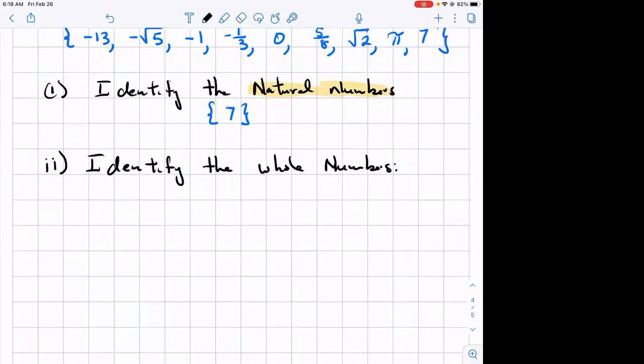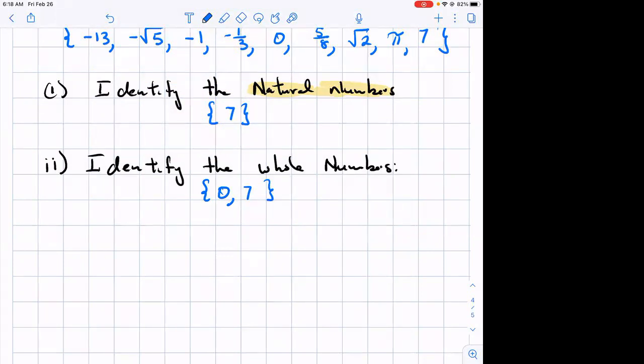So in this scenario, we have the set with 0, because 0 is included here, and any numbers that are positive whole numbers. So 0 and 7. And this is my set of whole numbers. Please remember when you write a set, it has to be in curly braces, or curly brackets, some of you may say.